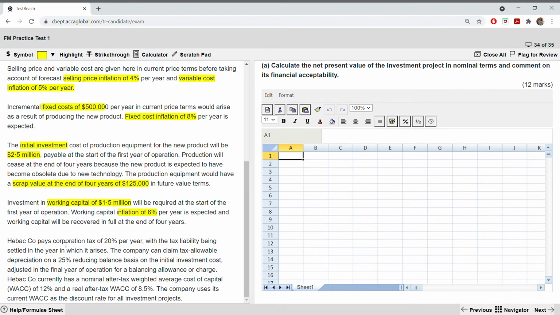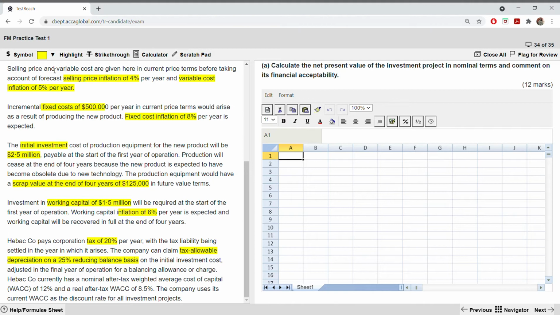Hebek pays corporation tax of 20%, with the tax liability being settled in the year in which it arises. The company can claim tax allowable depreciation of 25% reducing balance, with the initial investment cost adjusted in the final year of operation for a balancing allowance or charge. Make sure you know how to calculate tax allowable depreciation, because whenever you are asked a net present value question, you will be asked about it, even in AFM.